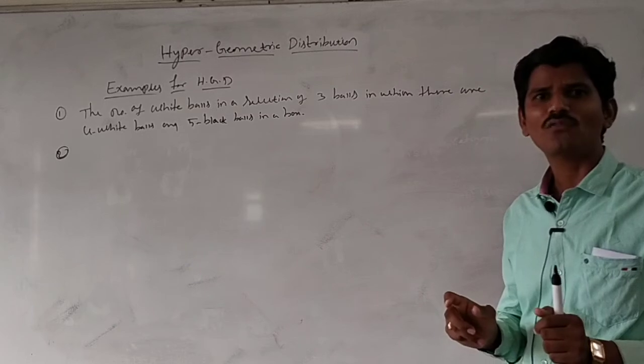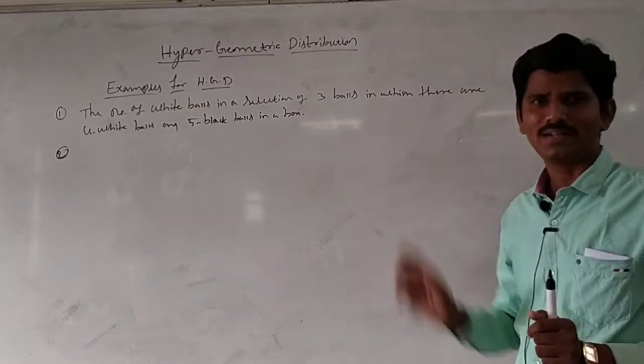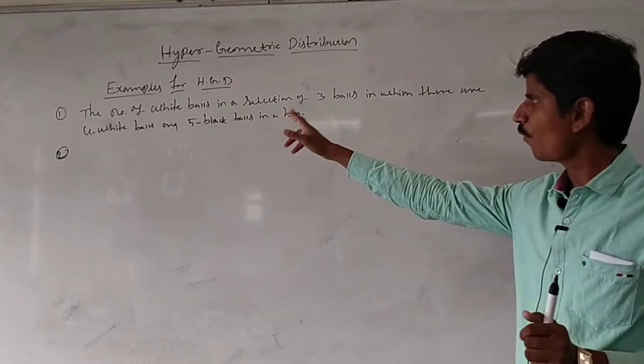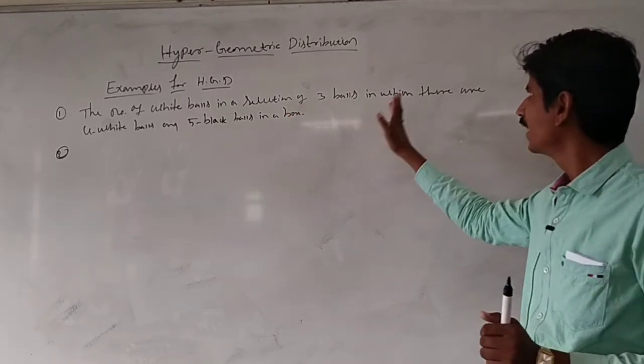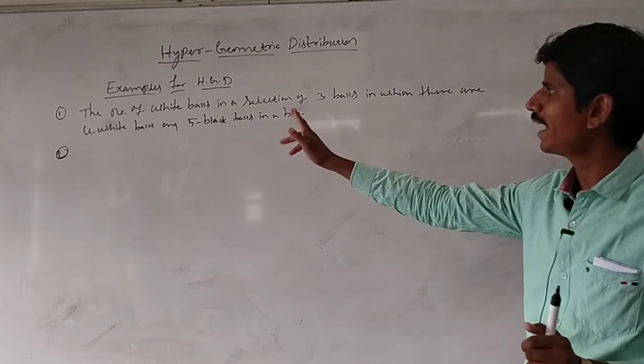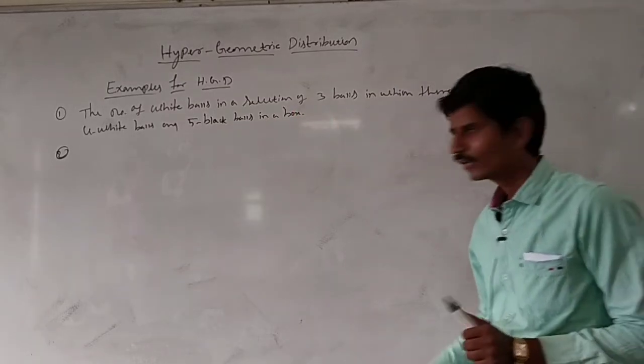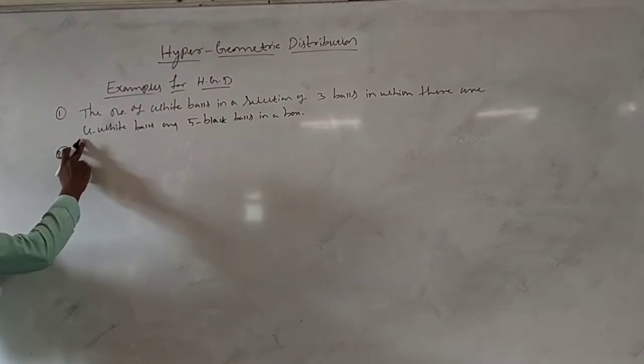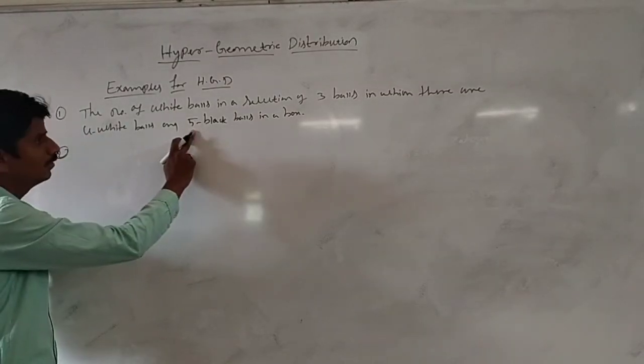That is the probability of x equal to white. Here x indicates a white ball. Here 4 is a, that is white balls, and b is black balls.